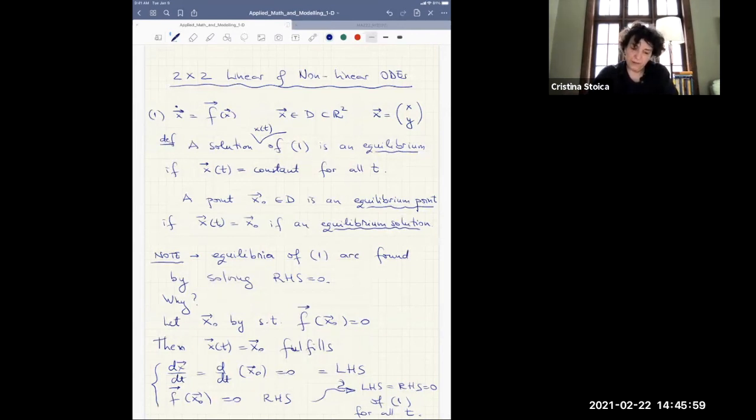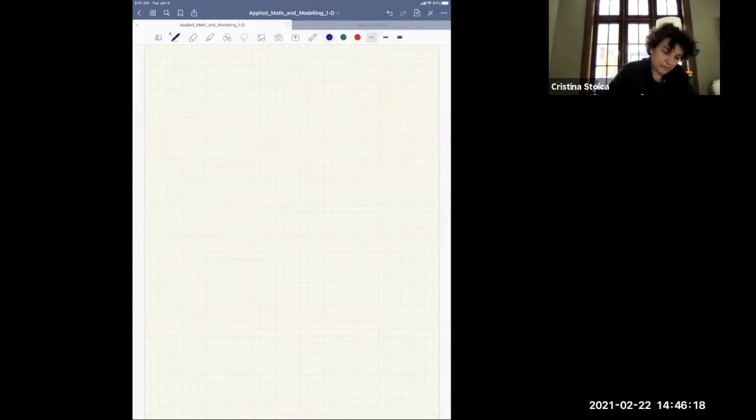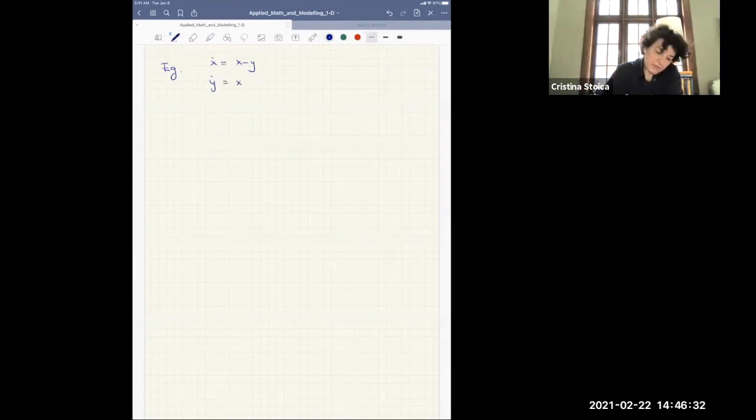Okay, so let's take an example. So this being said, I'm gonna flip the page. All right. So for example, let's say x dot is x minus y, y dot is x squared minus 1.